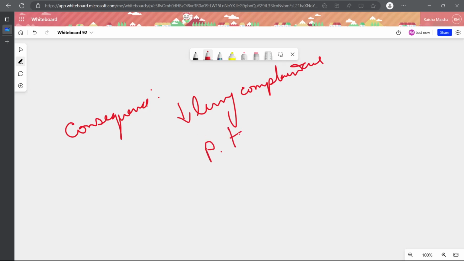This is high yield, that ARDS can come with pulmonary hypertension as a consequence.